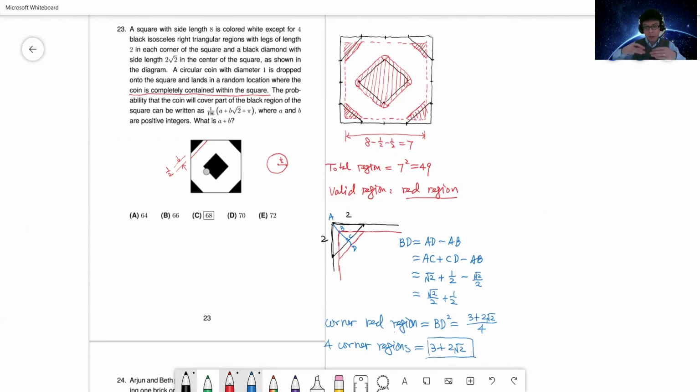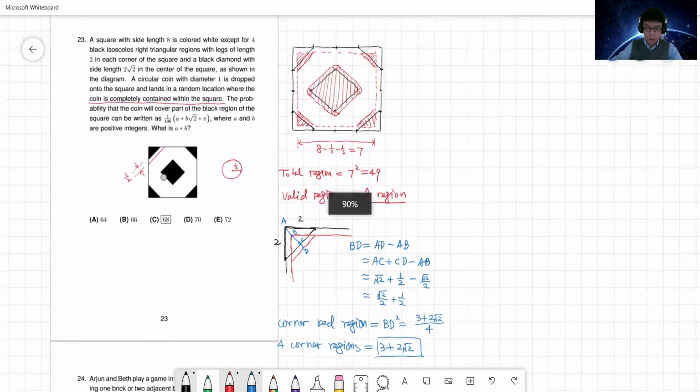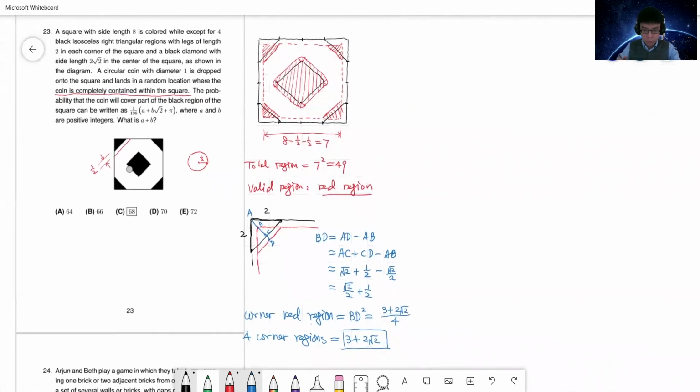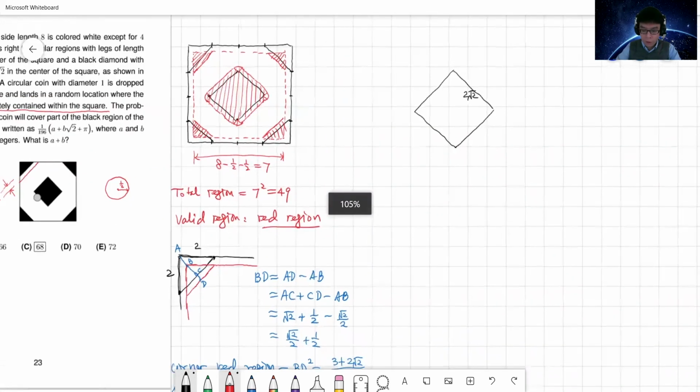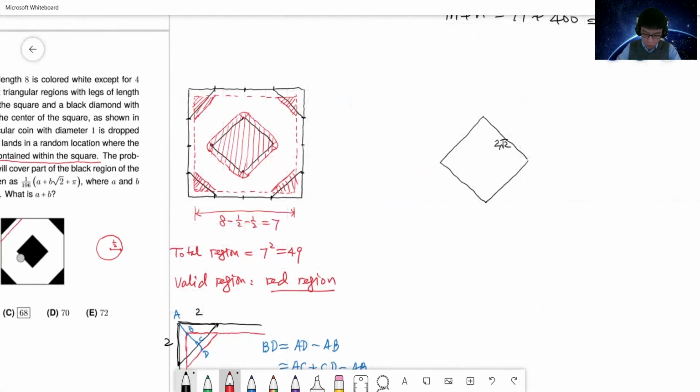And next, we consider the central part. Let me draw a picture. The center square with side length 2 root 2, and we extend this by 1/2 in each direction.